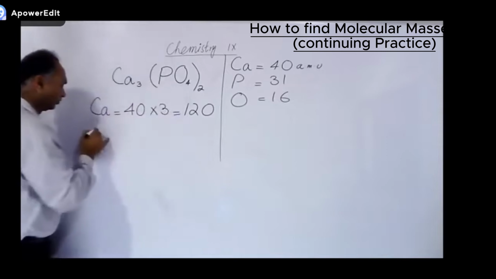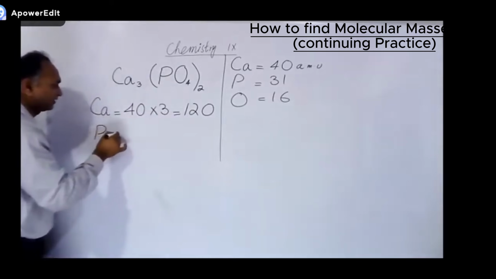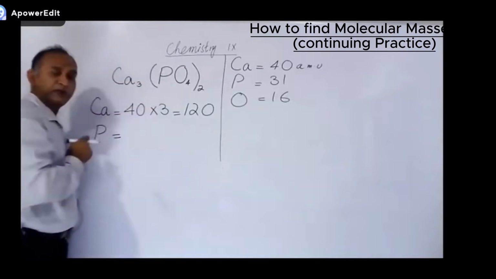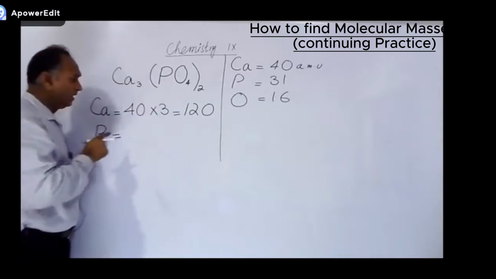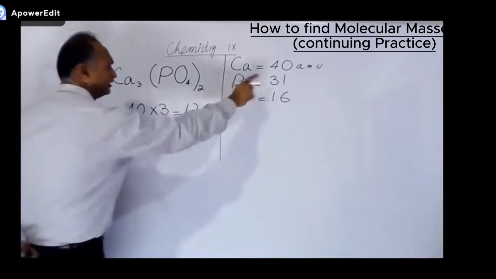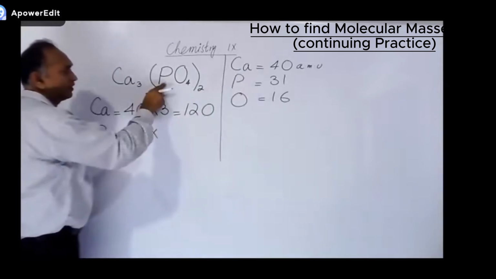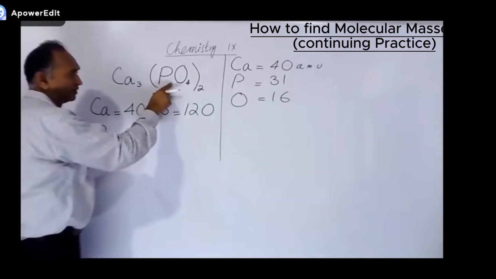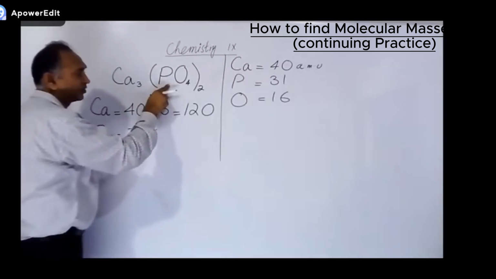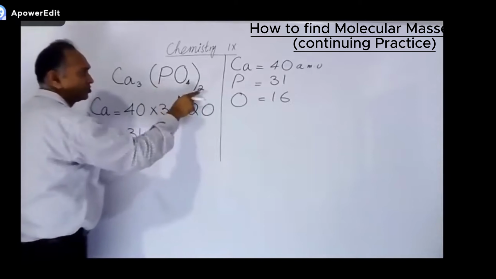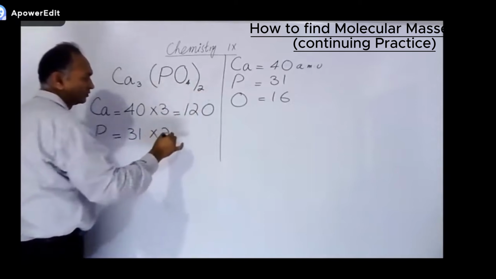So if someone asks what is the value of P over here in terms of masses, you will write the value of 1 phosphorus, 31. How many phosphorus? 1. You have to multiply this subscript by this one. 1 twos are 2.